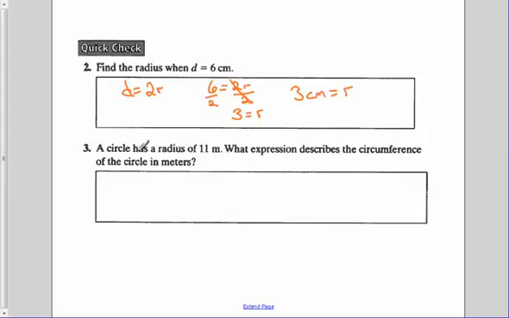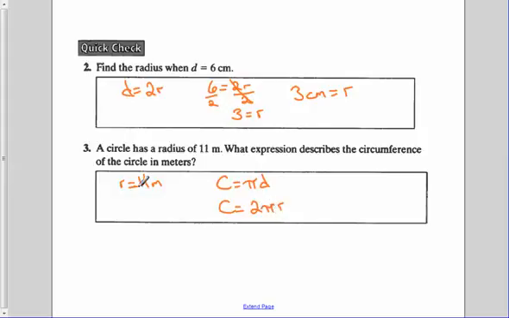And then a circle has a radius of 11 meters. What expression describes the circumference of the circle in meters? Well, we know that circumference is equal to pi d, or we could say that circumference is equal to 2 pi r. If I plug in my radius of 11 for r, I multiply it by 2 and then by pi.